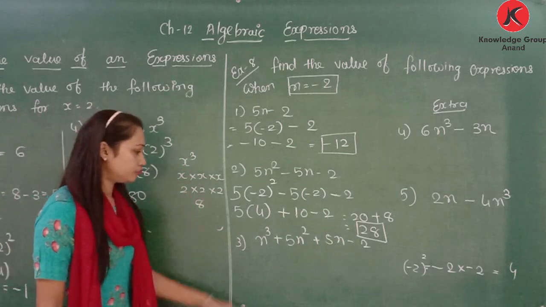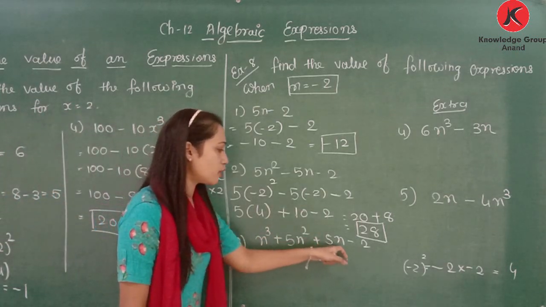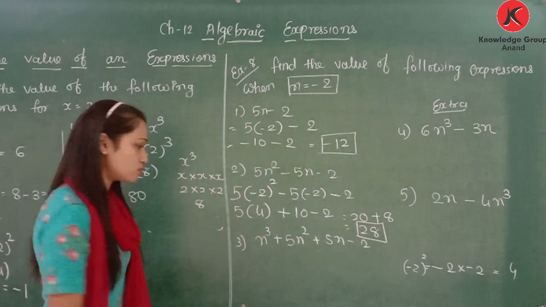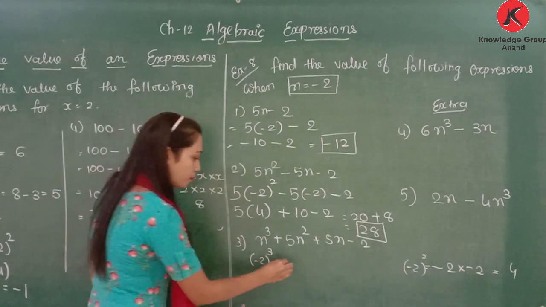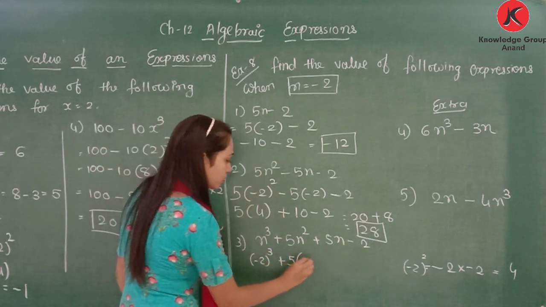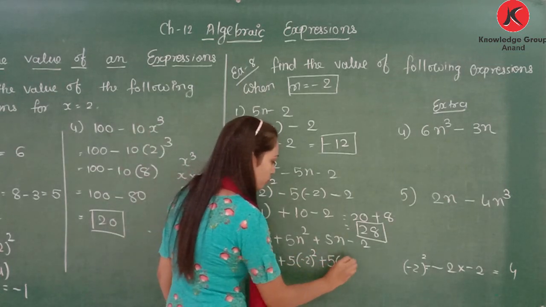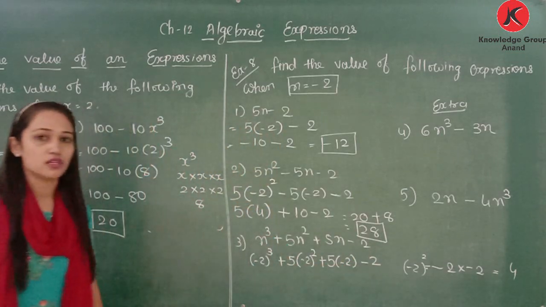Now next one, n cube plus 5n square plus 5n minus 2. Again, instead of n you need to write minus 2. So we write n cube means (minus 2) cube plus 5 (minus 2) square plus 5 (minus 2), and at the last we have minus 2.